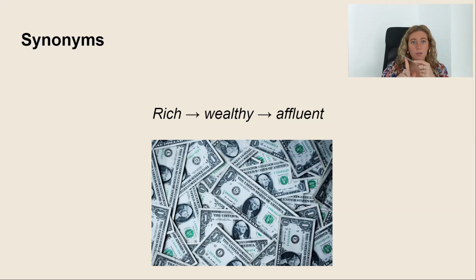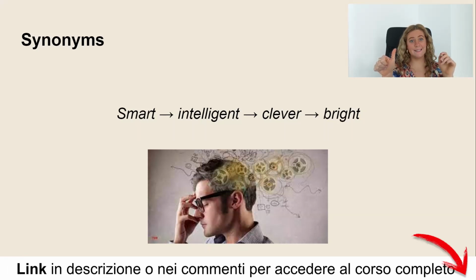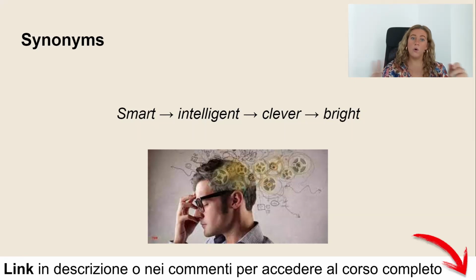Rich, wealthy, affluent. Next. Again, this is an adjective. Smart. He is smart. Or I am smart. Synonyms are intelligent, clever, bright. Okay?